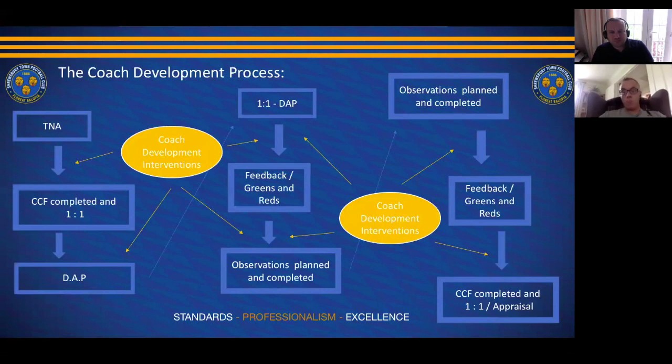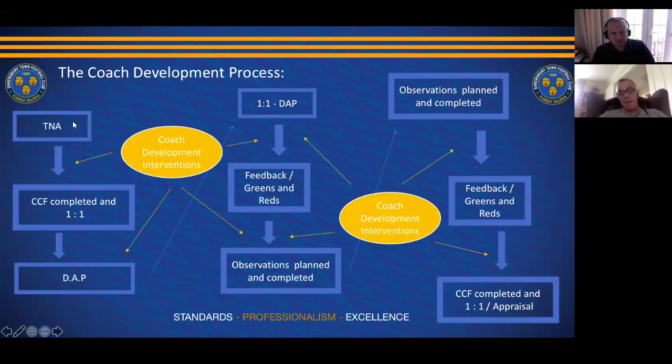But short term, my actions are I need to get better at being a better teacher. And to become a better teacher, I now need to do this, this, and this. Does that make sense? Yeah. So I think all of those three things, so training needs, coach competencies, one-to-ones, and action planning, all of those things start to paint a picture of where the coach is actually at.